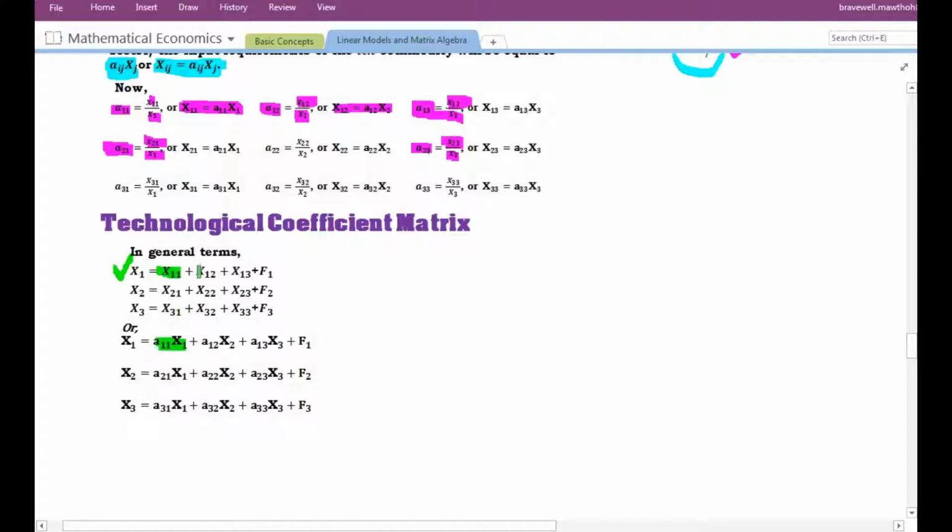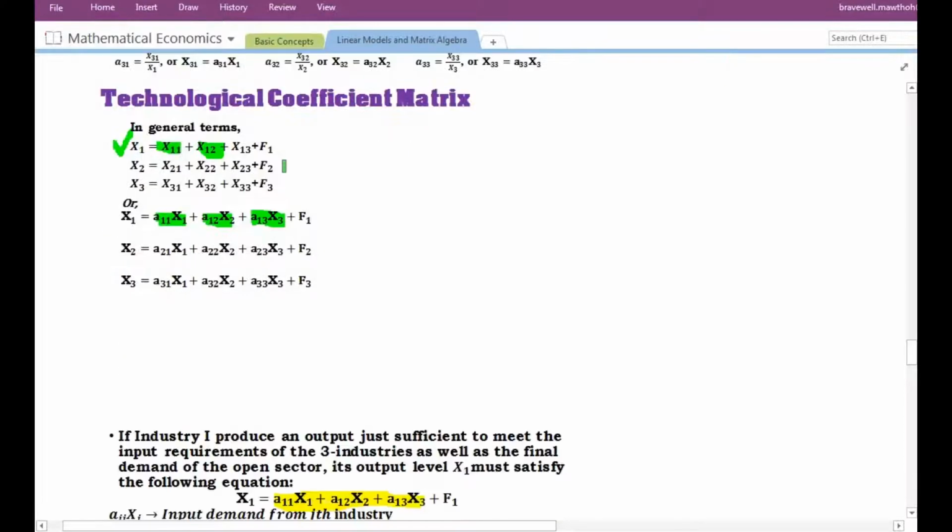For X12, we are going to substitute it by A12 X2. For X13, we are going to substitute it by A13 X3. All the terms having Xij in the second and third equations are substituted in a similar fashion.